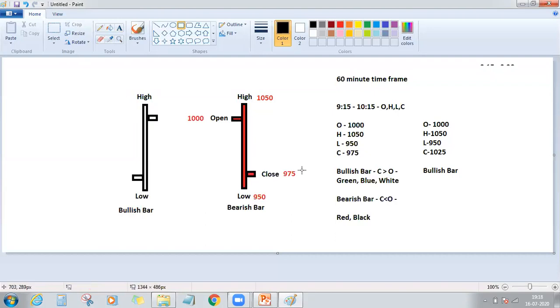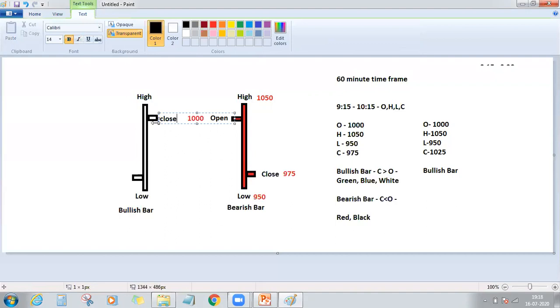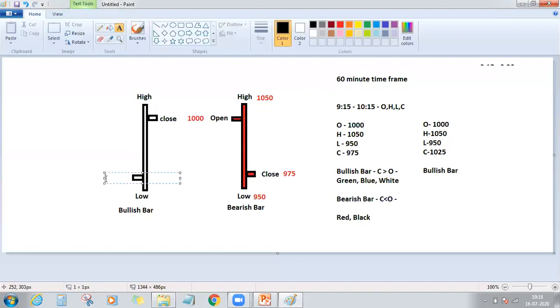That depends on the prices. So this will be your closing price and this will be your opening price. Now since this is a bullish bar, the body of the bar should be green in color. This becomes your bar chart.